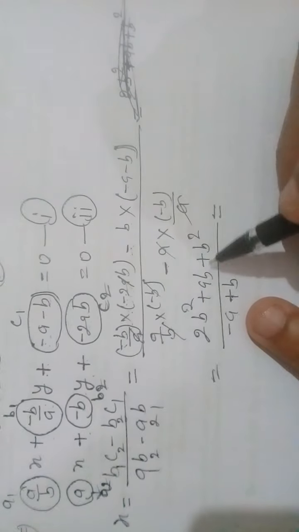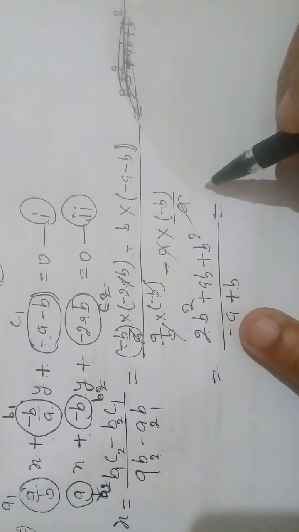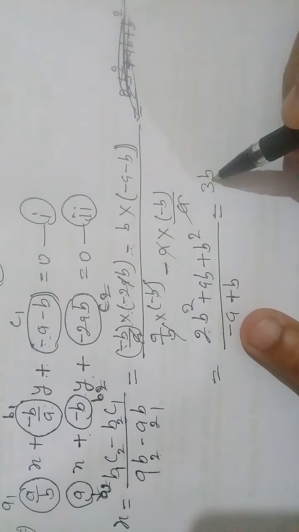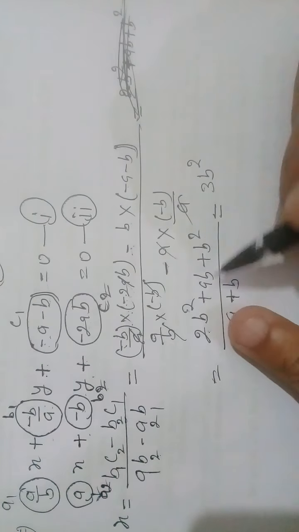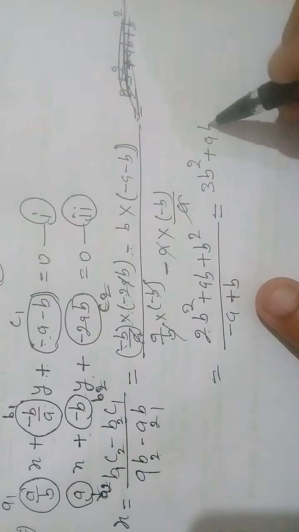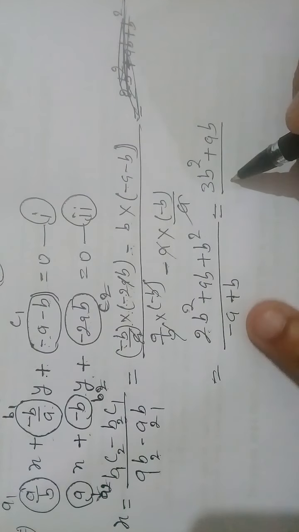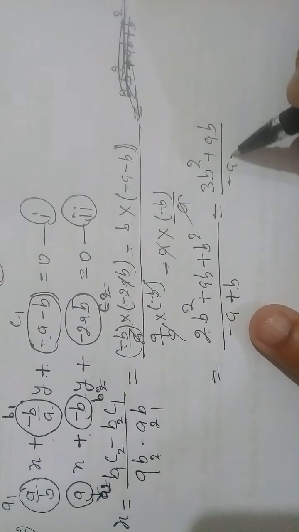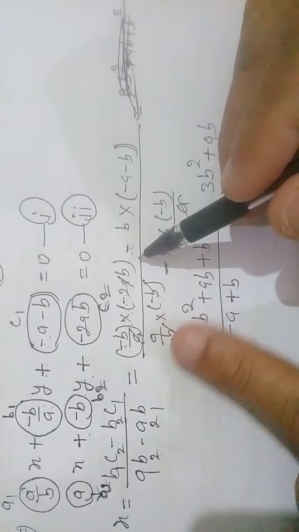Now 2B square and B square, 3B square plus AB by minus A plus B. Also a mistake.